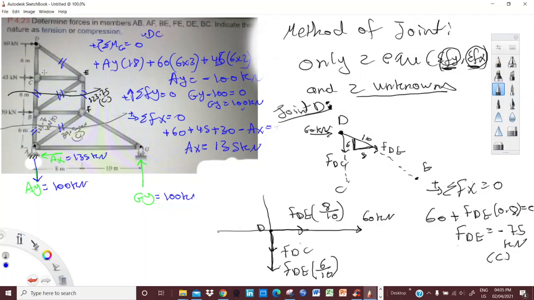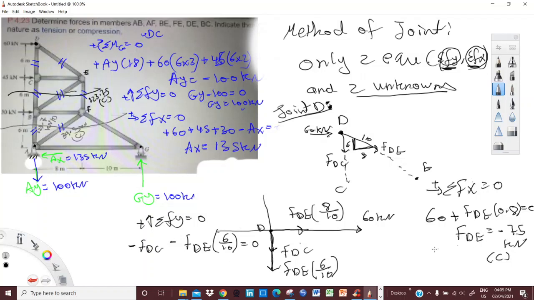So let's do summation of Fy. Upward force is positive, equal to 0, so we will have negative FDC and negative FDE into 6 over 10 equal to 0.